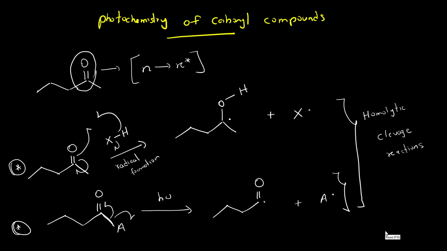Now we have another problem. Let's say we have a molecule like this. How can we guess the reaction mechanism, otherwise how can we guess the transition? When we look at the chromophores, there are two chromophores: this carbonyl group, and also there's a pi bond.